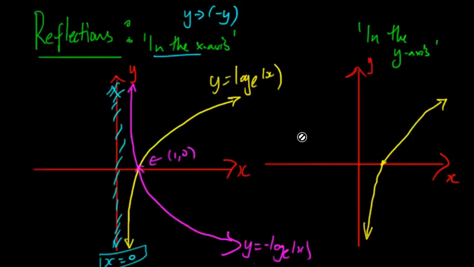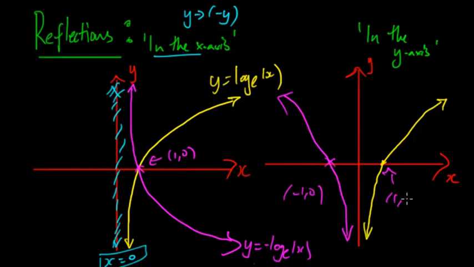So with the reflections, we're now reflecting in the y-axis. So that means reflecting here, the graph is going to look like this. As you can see, it's a reflection in the y-axis. So this point here will now be (-1, 0), if that was (1, 0).